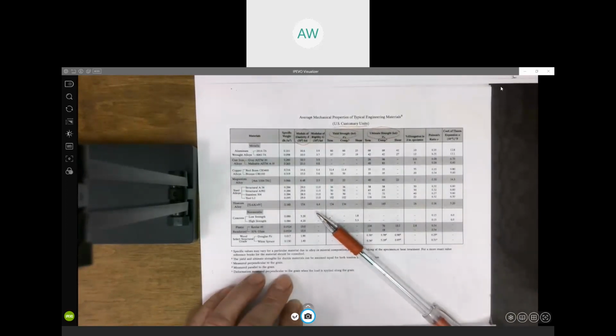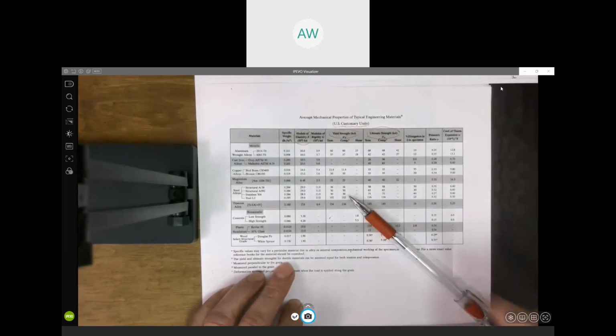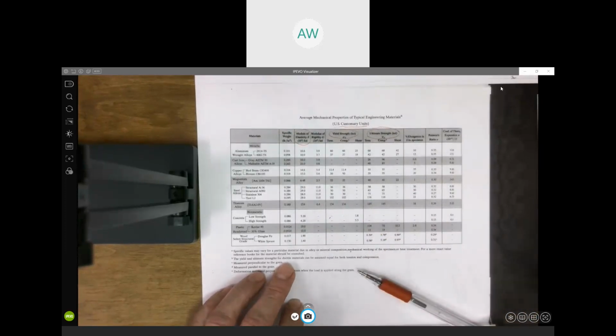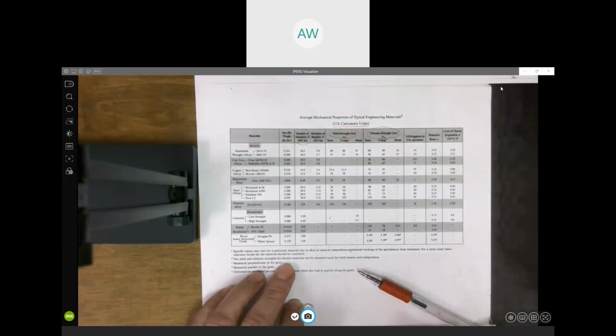And the values in the table he found online were a good bit different than the values listed in this table here, provided by the textbook. So I mention that for your benefit, use these values. Because if you look at a different source, you very likely will see slightly different values.